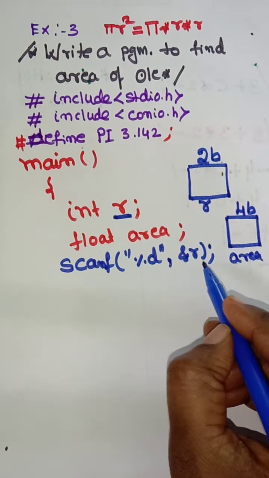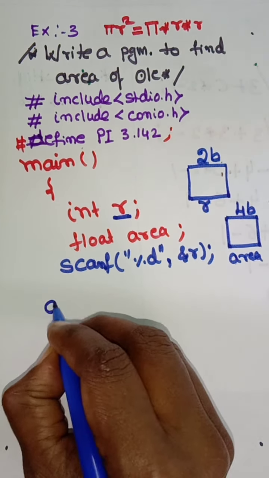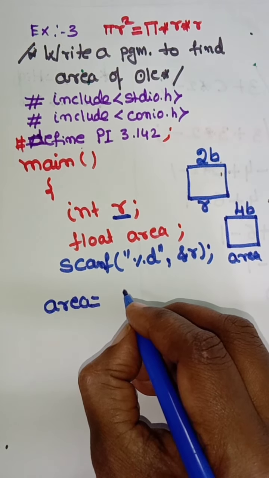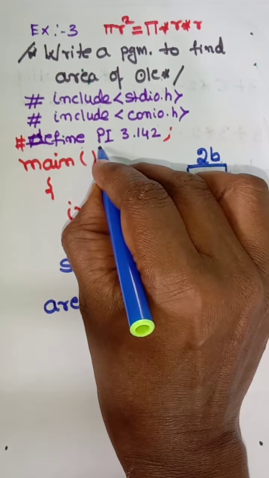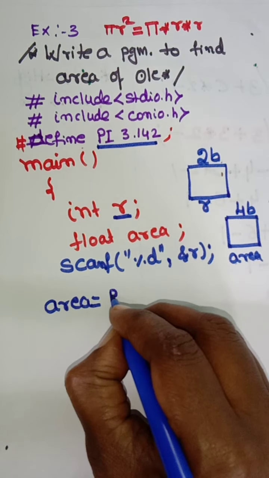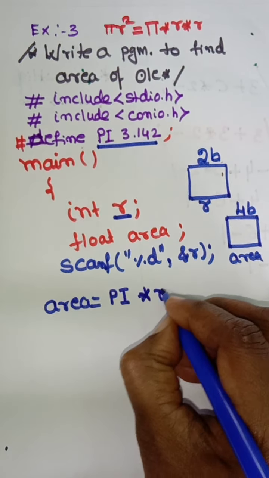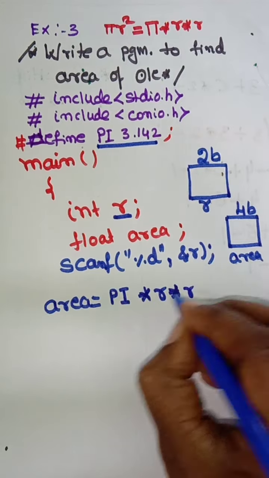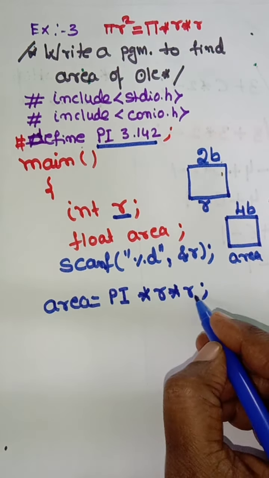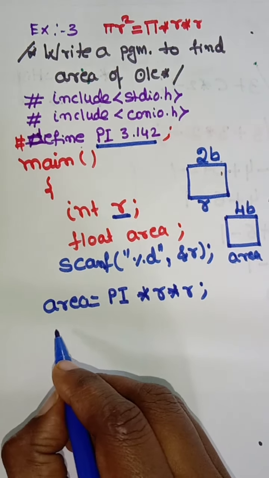Okay. So after the reading, let us write the expression as area is equal to pi. Means what you have to take? You have already written here pi, that only you take here. Pi asterisk r asterisk r, close that with a semicolon. Okay. After calculating, print the value.